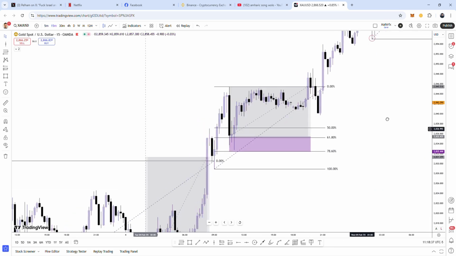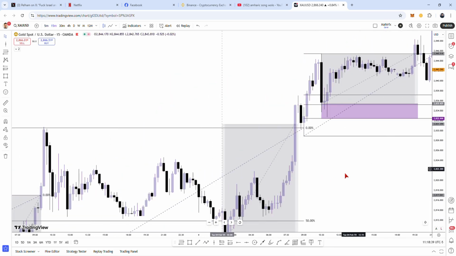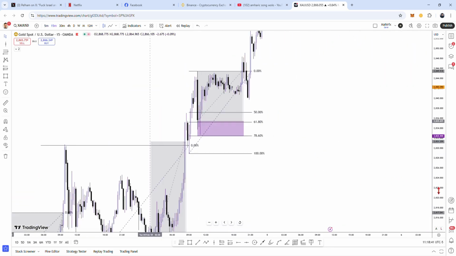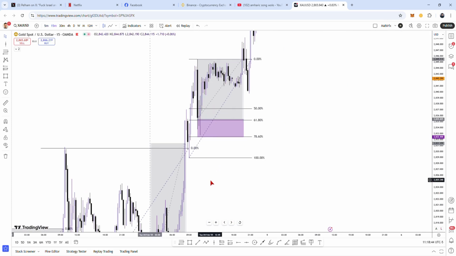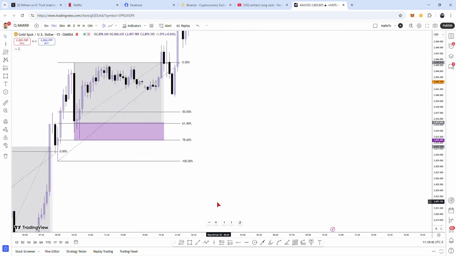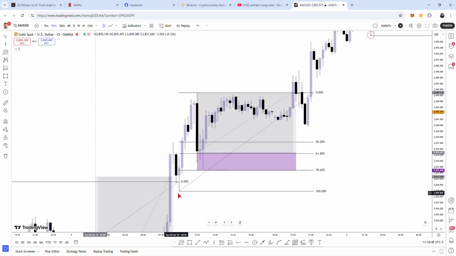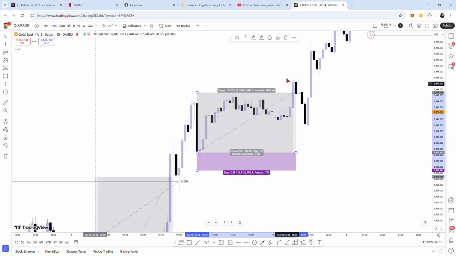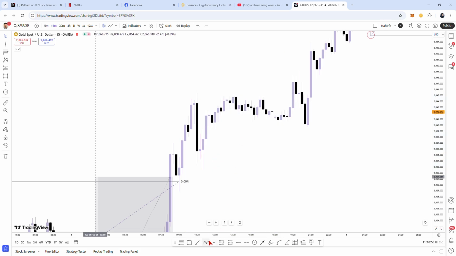Let me check others. For example, our last trade, this is not a trade actually, I was back testing it, marking the swing low and swing high. So what I did is I mark this to this area.